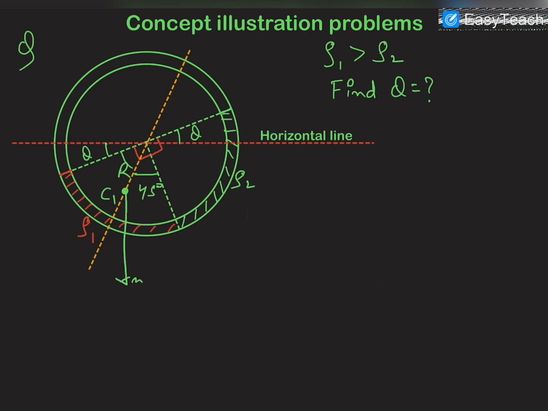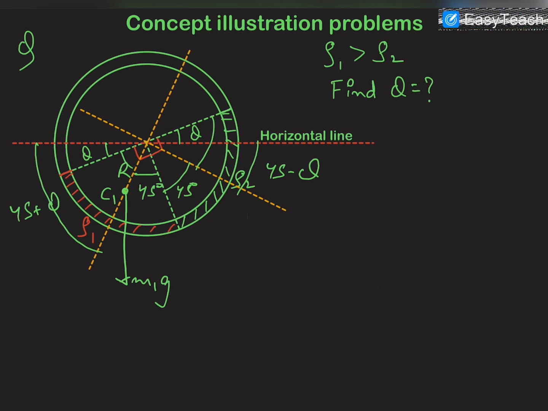In the same way, the center of mass of this liquid will also be on the angle bisector line. This is 45 and again this is 45. So this angle is 45 minus theta, and this complete angle is 45 plus theta.